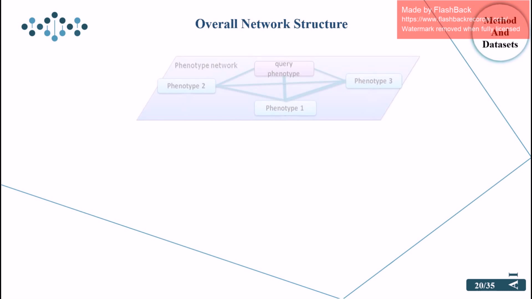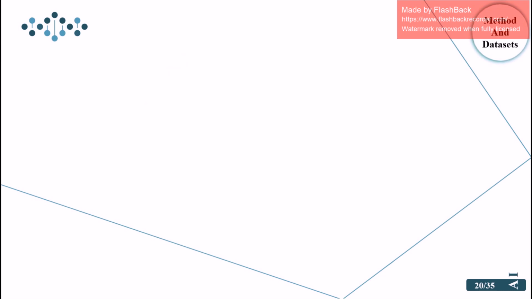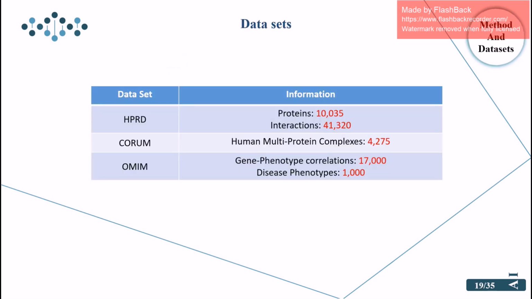The second dataset is called CORUM, which contains about 4,000 protein complexes related to humans. And the last dataset is called OMIM, which contains about 17,000 gene phenotype relationships related to 1,000 disease phenotypes.